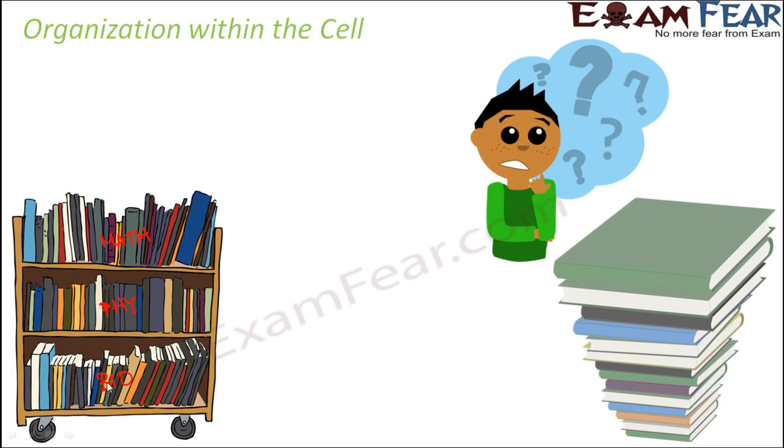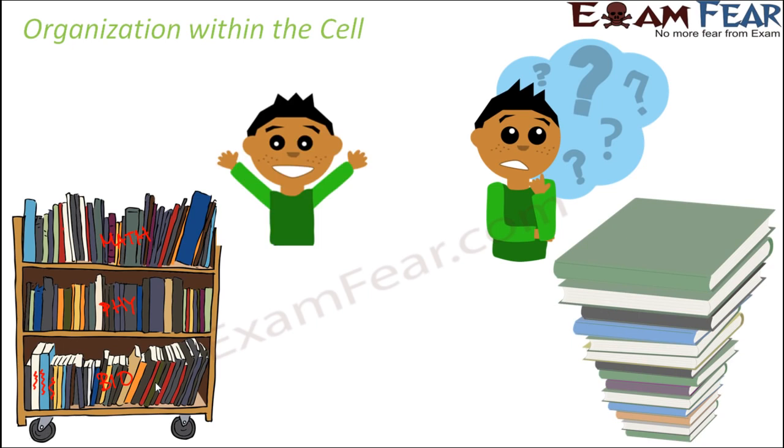So now if somebody asks you to find out your bio book, it is going to be easy for you because you are not going to look into the other 2 shelves. You are just going to concentrate on the third shelf, and there you can see the label or the name of the book. So you can very easily identify which book you want and get it. So now the situation becomes simpler for you. Which one is a better situation? Obviously, when the books are there in the rack. So you are happy now because you are very easily able to get what you want.